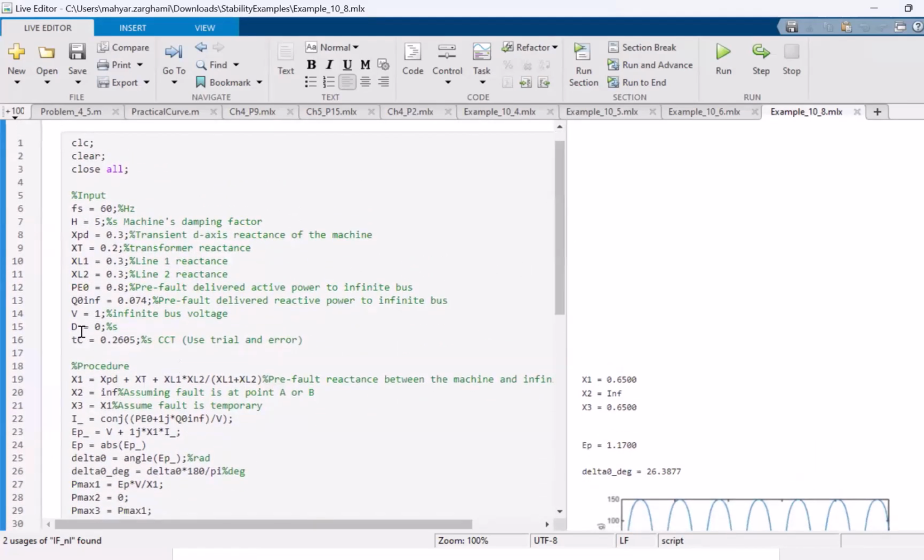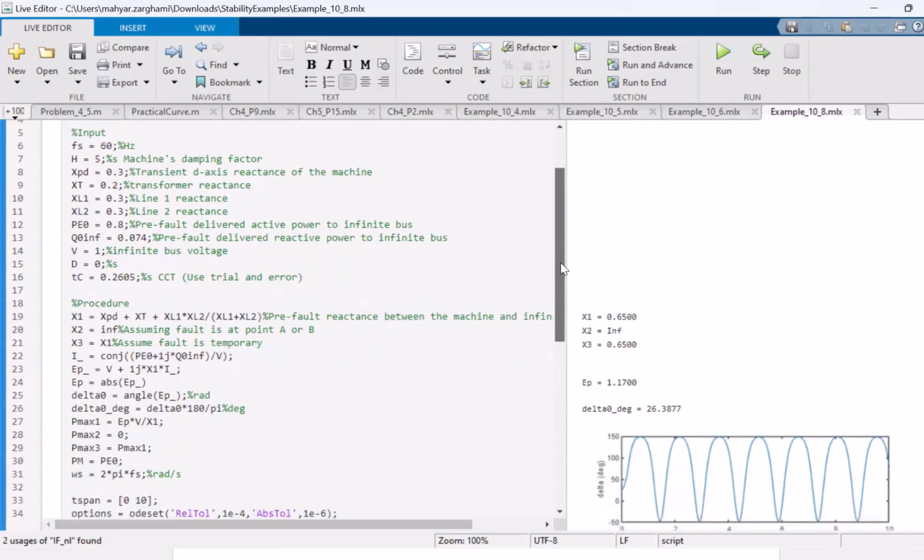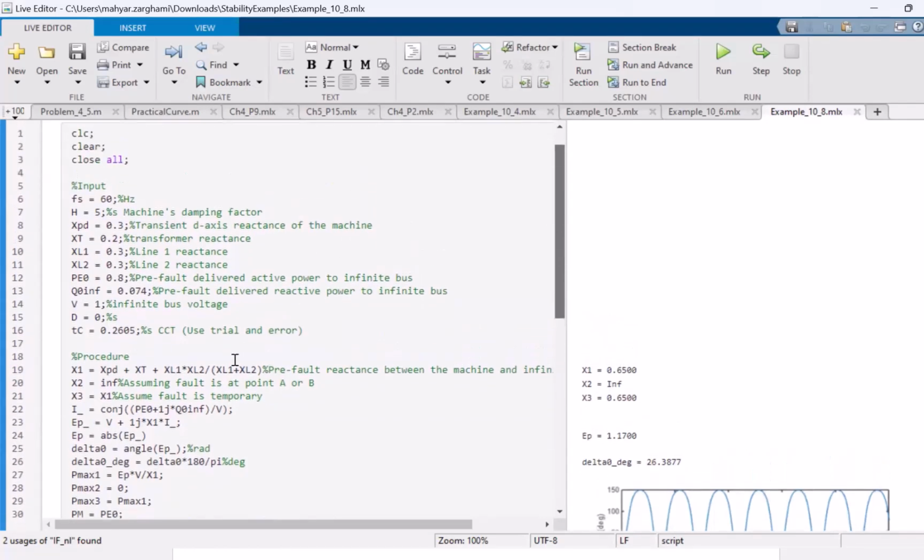We're assuming damping is 0. And we're going to assume that X1 is associated with the X prime D plus XT plus the two lines in parallel. So this is X1.